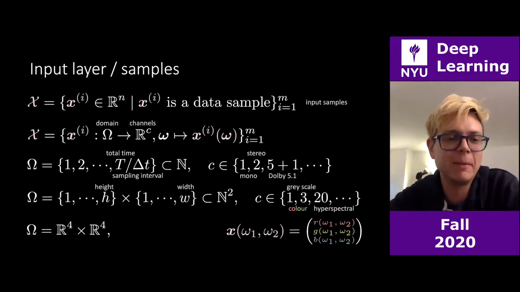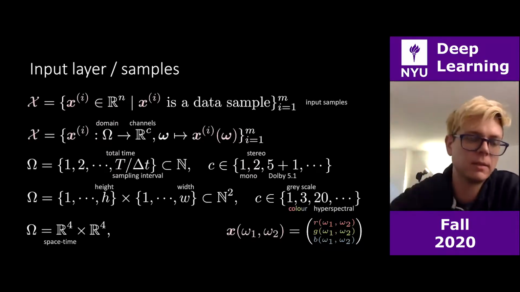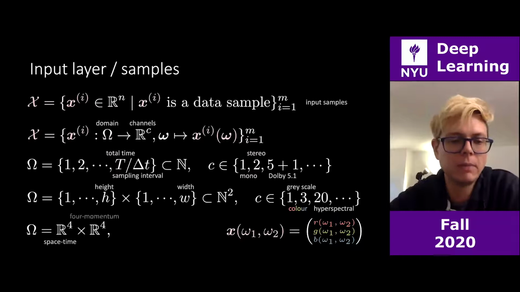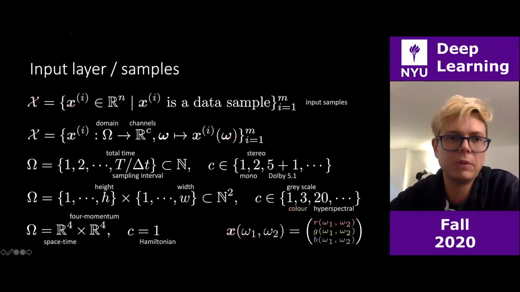This is space-time, okay? So R4 is space-time. You have space plus time dimension, and the other one is going to be the 4-momentum, right? The derivative. And if you have space-time and 4-momentum, then you can compute, for example, a scalar value, which corresponds to the Hamiltonian of your system. So these are all kinds of crazy things you can do with these kinds of signals.